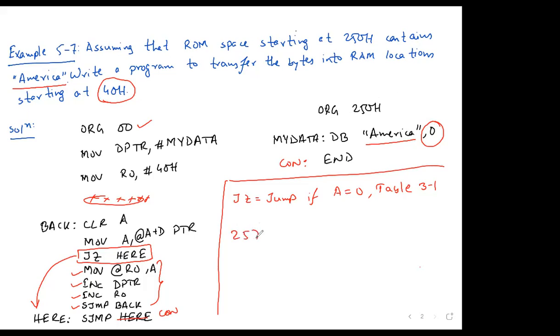Finally, when you go to 257H, you will see that your 257H contains zero or a null character. So this value will be transferred to the accumulator. Then in this line, you will check what your accumulator contains. Your DPTR will always contain these addresses. It will not contain these values. Did you get your answer? Yes, sir. Any other question, anyone? Okay, let's move forward.